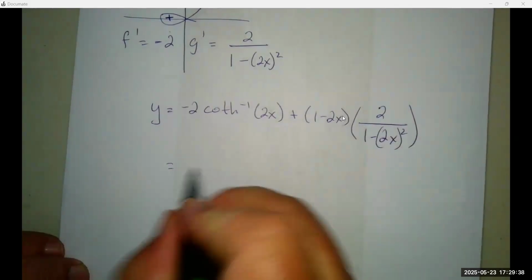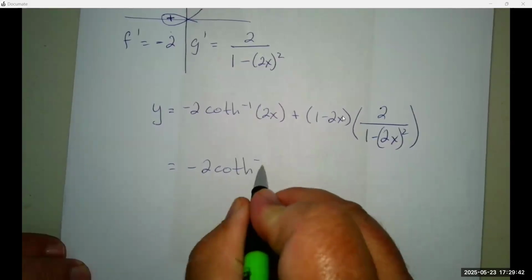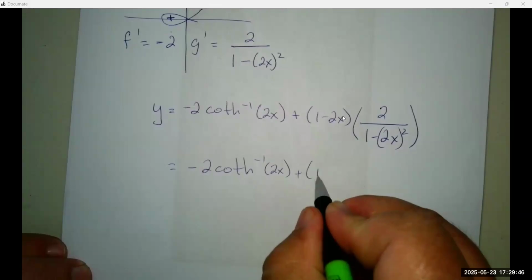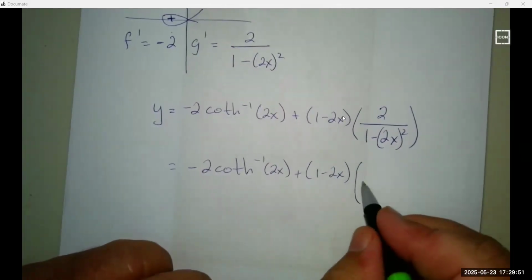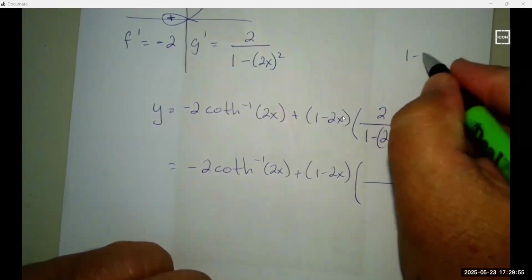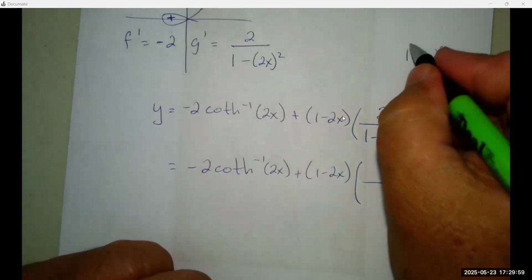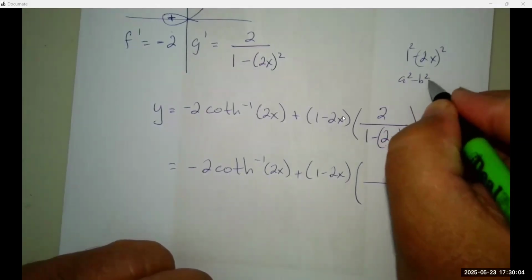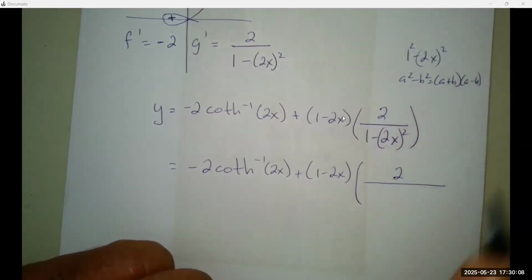All right. What can we do here? We have 1 minus 2x. And inside this parenthesis, what we have here, we have 1 minus 2x squared. This is the difference of two squares. Remember, a squared minus b squared is a plus b, a minus b.